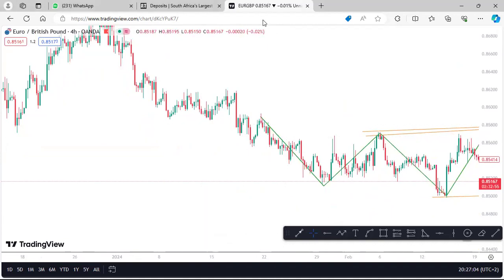This is a support. This is a support. What you could have done is draw a straight line here to connect those supports and resistance levels. When the price was coming here, it respected.